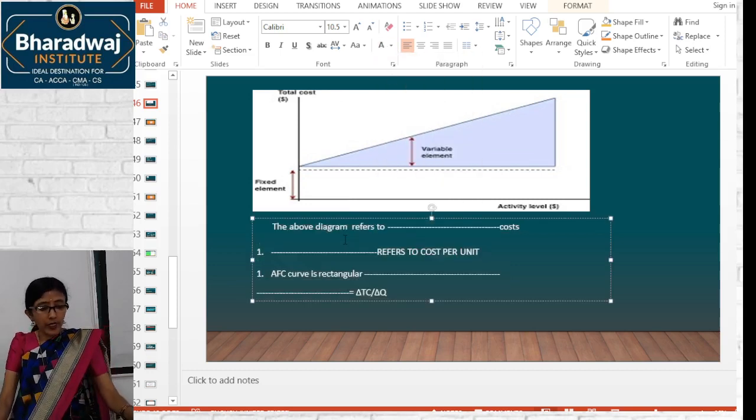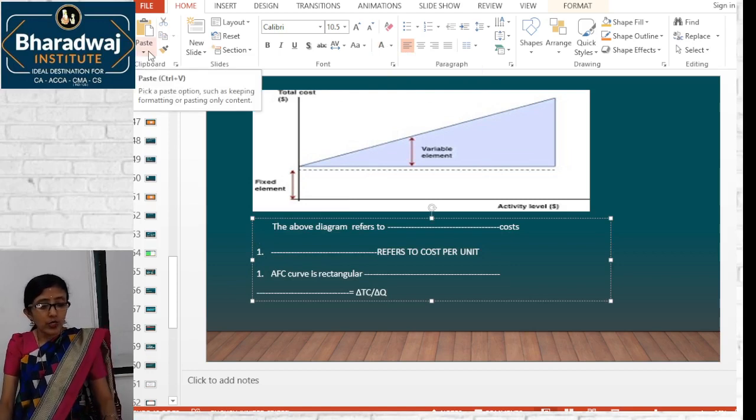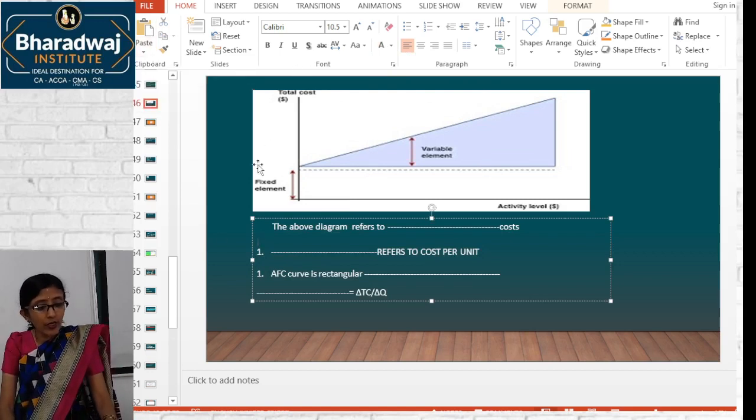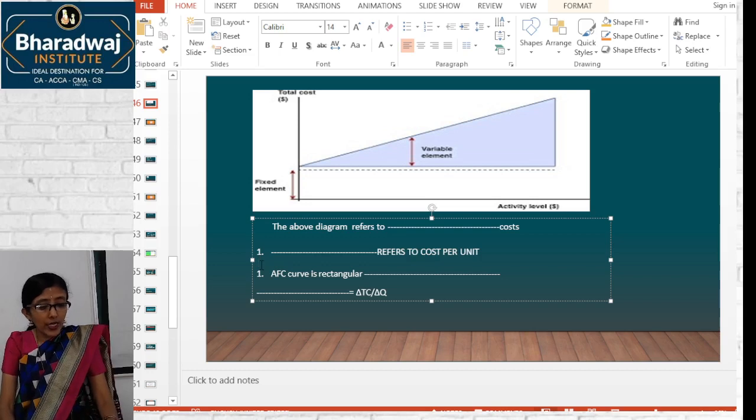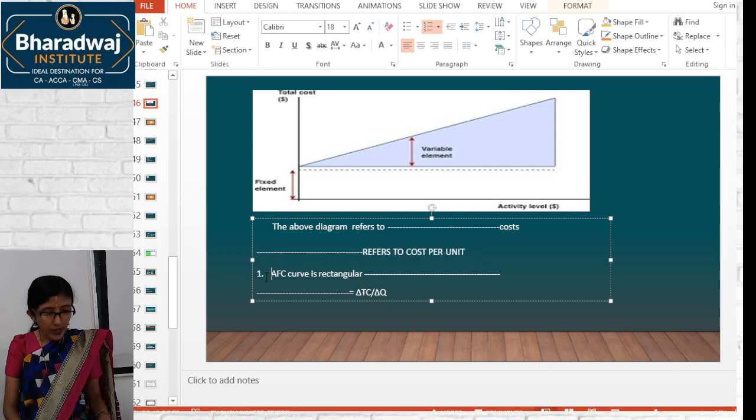The above diagram refers to dash cost. Second one, dash refers to cost per unit. Third one, AFC is a rectangular dash. Dash is equal to delta TC by delta Q. So, please answer the given questions. Fill-ups.